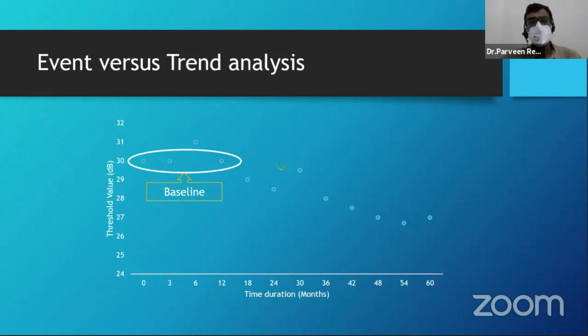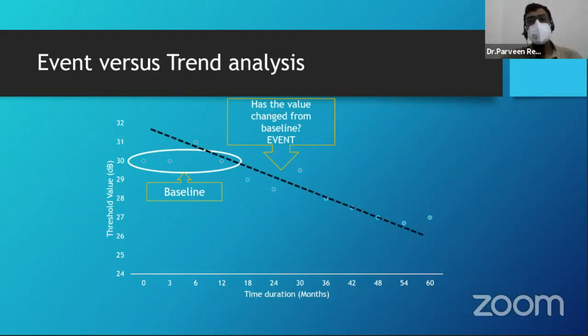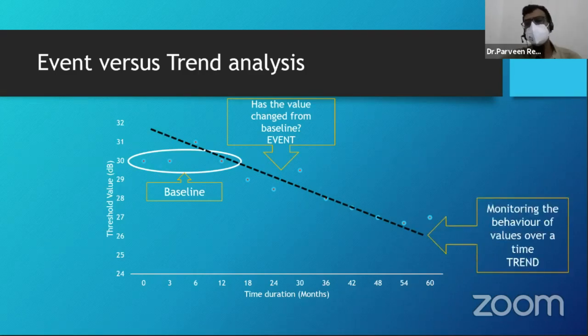So that is the baseline. Now, if any change is happening, if a new change is coming, that is an event. So we are comparing a new change from the baseline; that is event-based analysis. But if we give a slope to that change, so we have a change as well as a direction, that is known as trend analysis. These two types of methods can be used by machines to predict whether change is happening and, if it is, at what rate it is coming.